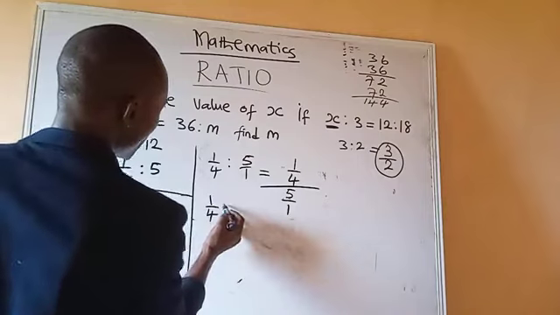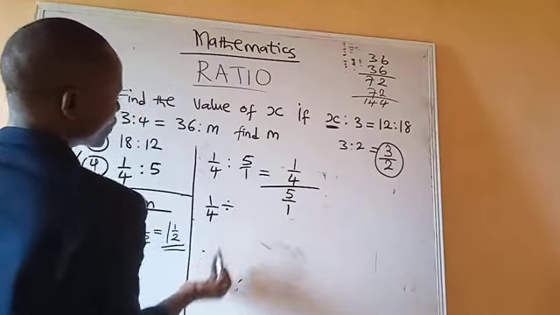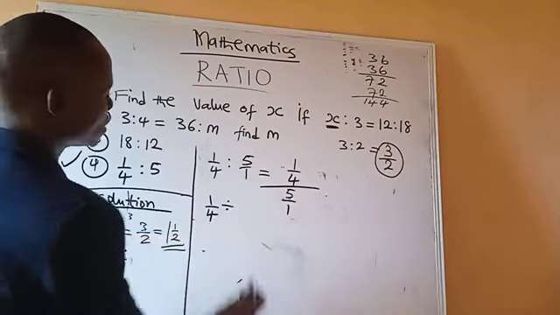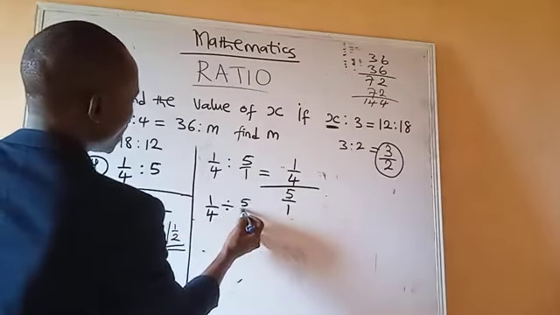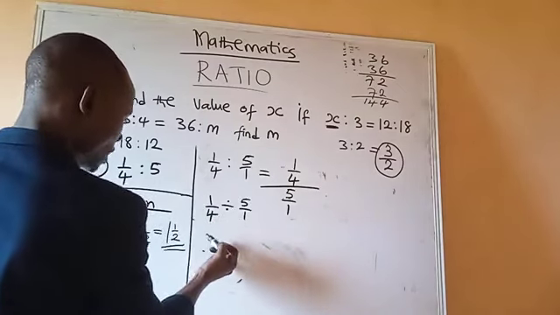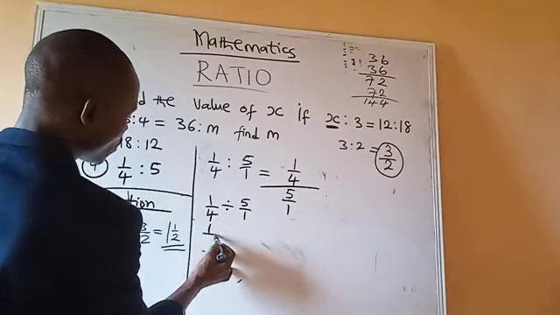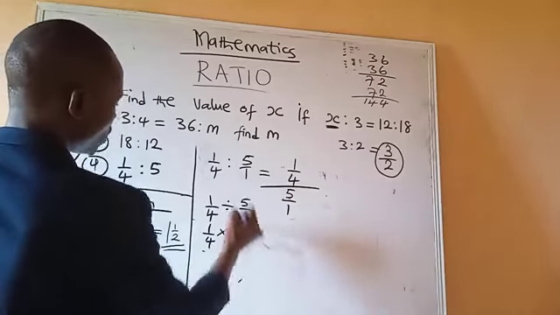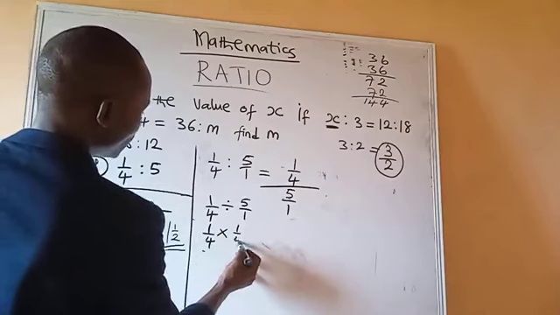Now, this one will take us to division of a fraction. Represent this one with this sign. Do you understand? Bring your 1 over 4. In division, what you do, you reciprocate, right? Change this sign to times. Turn 5 over 1 upside down. 1 over 5.